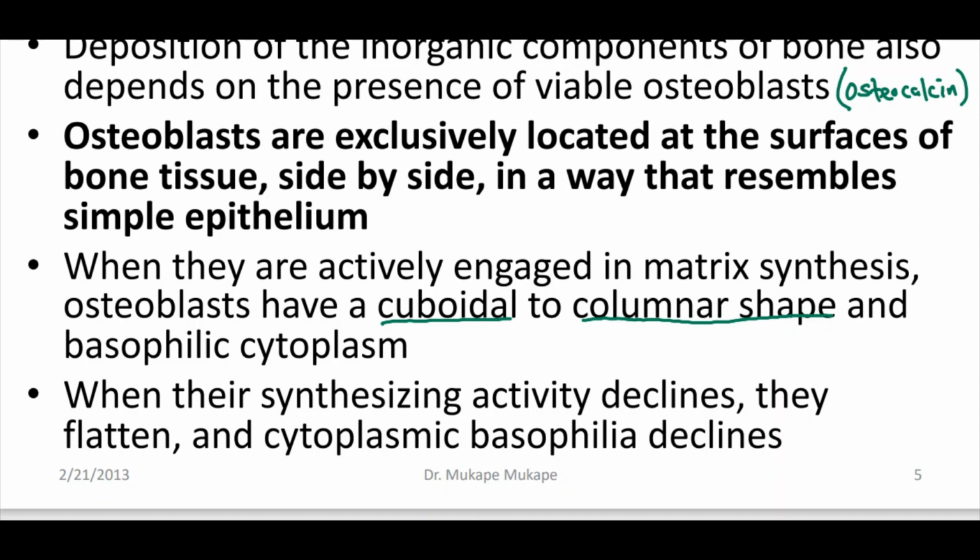Meaning that they will stain blue or purple when you use H and E. When their synthesizing activity declines, they flatten and cytoplasmic basophilia declines. So when osteoblasts become less active, they flatten and they mature into osteocytes. Okay. So let's move on.